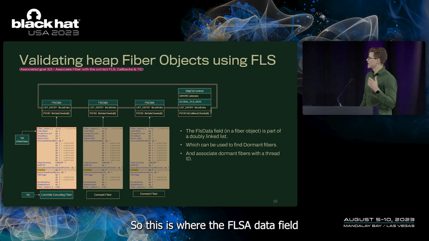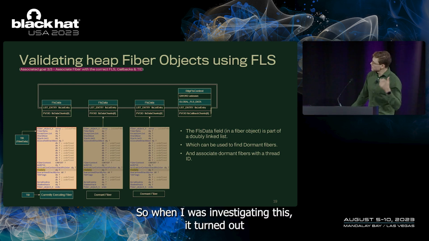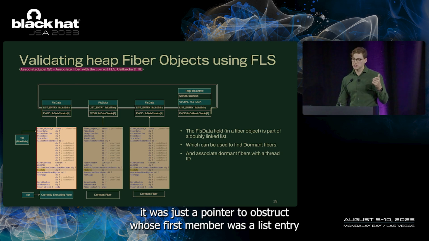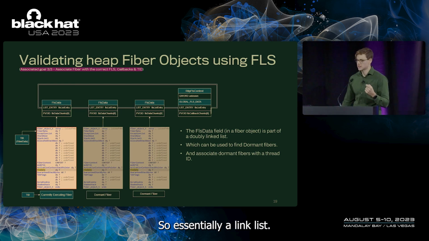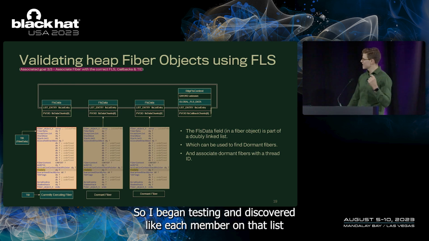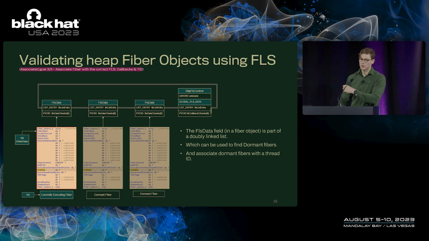So this is where the FLS data field, highlighted in yellow in that fiber object, comes in handy. When I was investigating this, it turned out it was just a pointer to a struct whose first member was a list entry that contained a forward and a backlink, so essentially a doubly linked list. So I began testing and discovered that each member on that doubly linked list actually pointed to another fiber object on the heap.